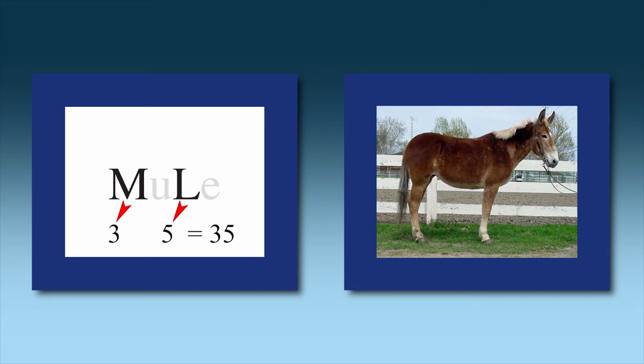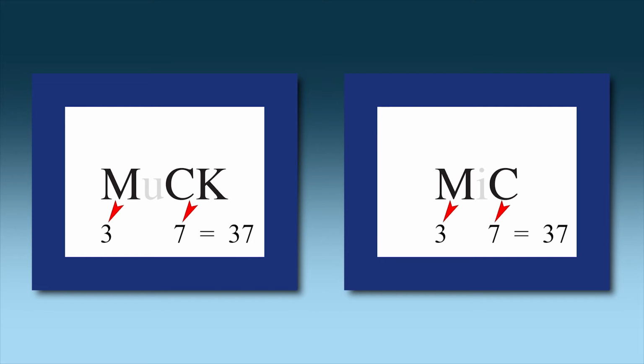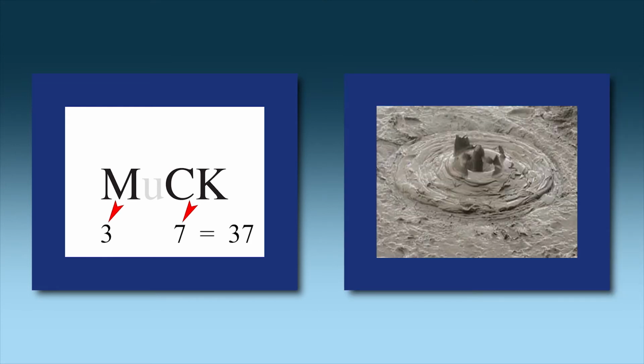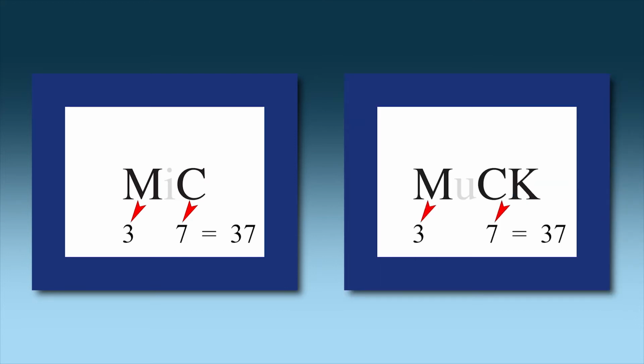Very good. Match, M, 3, ch, 6. Oh yeah, match is 36. Excellent. Muck or mic. Muck as in mud. Muck is 37. Microphone, just the abbreviation of M-I-C. Oh, and it's a hard C. Mic as in microphone. Oh, mic is 37. Very good. Muck and mic are both 37.